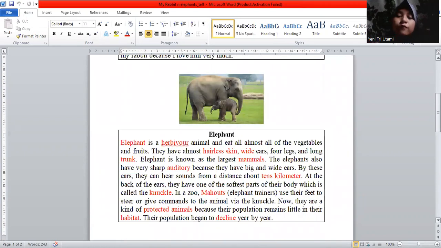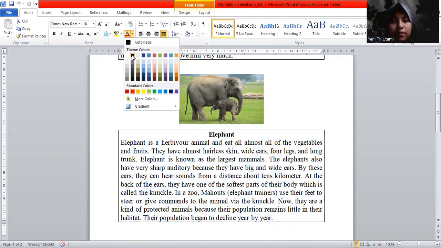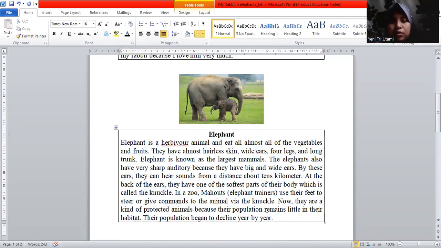So you need to find out the structure, language feature, and also new vocabularies that you found in this text. Okay, so divide into several groups and do the assignment, and I will give you about 20 minutes to do this assignment. Don't forget to write down the new vocabulary you found.